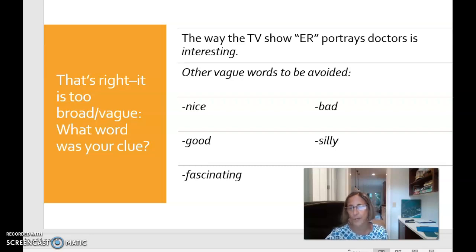We really don't know what's going to be discussed within the paper. And the broad, vague word right there is interesting. That's just not specific enough. Other vague words that should be avoided in a thesis statement are words like these: that's nice, that's good, that's bad, that's silly, that's fascinating, that's unwise.